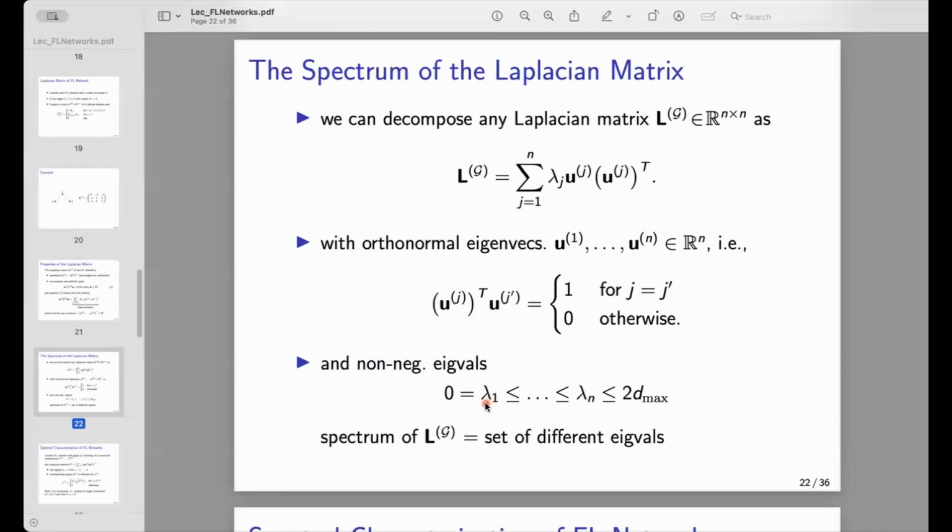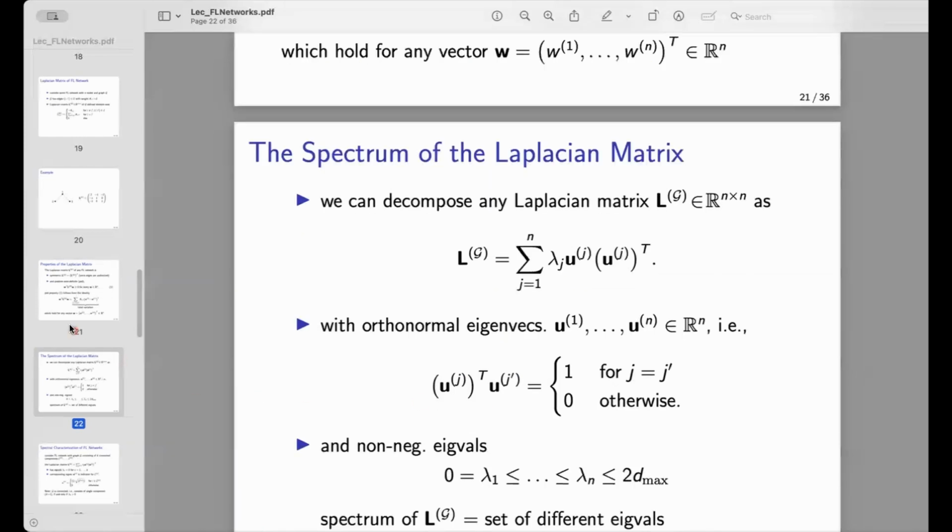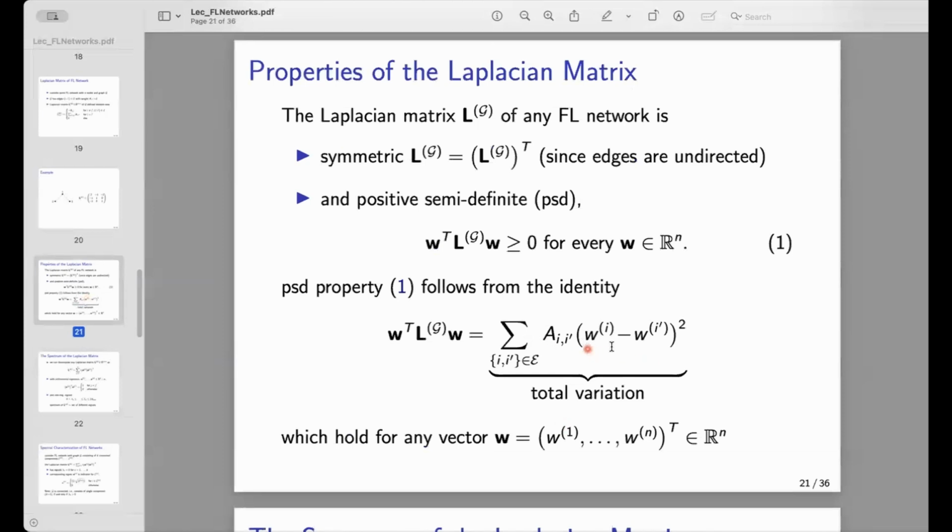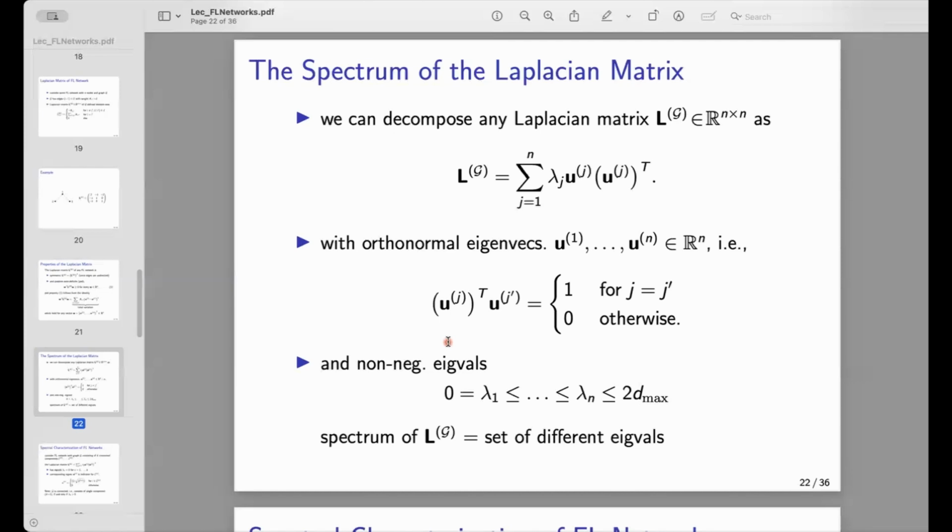You can find the eigenvector for the 0 eigenvalue by using the same real number for each node, because if you insert here a vector w that has the same value at each node, these differences vanish. So this becomes 0 for all edges, and this whole sum becomes 0. So there's one vector for which this quadratic form is 0, and this reflects the fact that there must be one eigenvalue equal to 0.